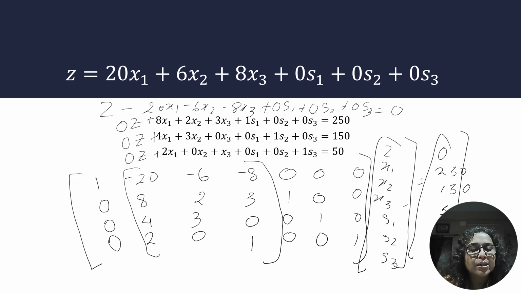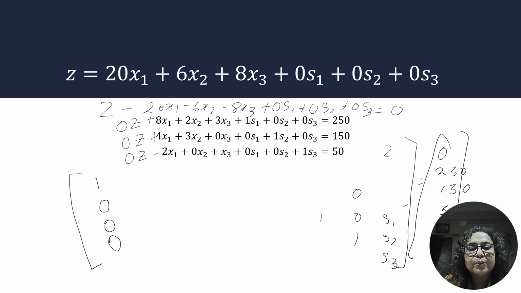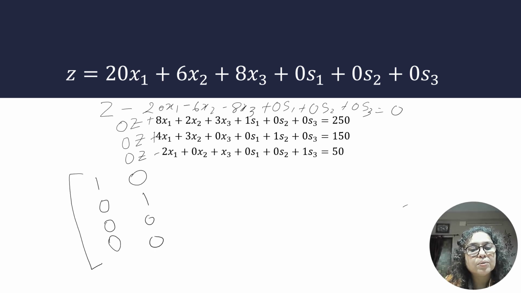Now, if we set this part equal to 0, we have a matrix like this. And of course, these three will not be there. So how will the matrix be a simpler one? I'll rewrite this taking the three variables x1, x2, x3 equal to 0. So now we'll have a matrix which looks like this: 1, 0, 0, 0, 0, 1, 0, 0, 0, 0, 1, 0, and 0, 0, 0, 1.